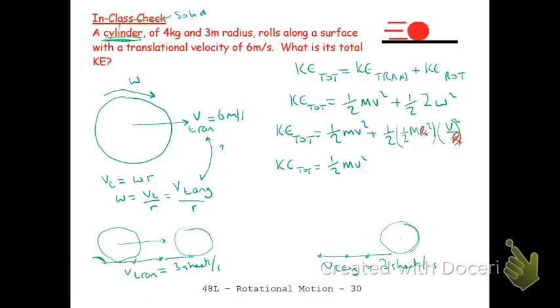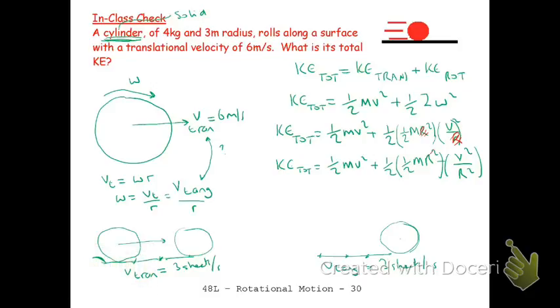Let's just write this out a little bit more. Plus 1/2 times 1/2 m r squared times v squared over r squared. Remember, you've got to square both top and bottom. Now I can cancel.